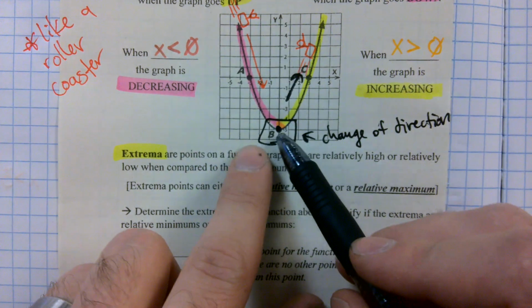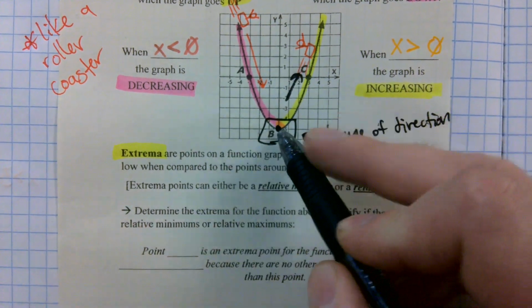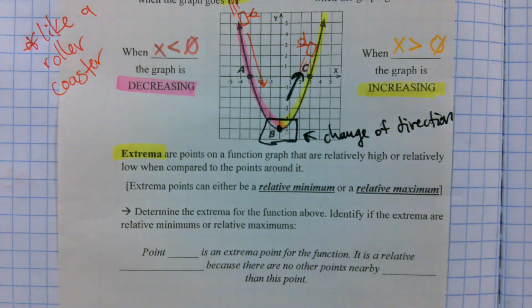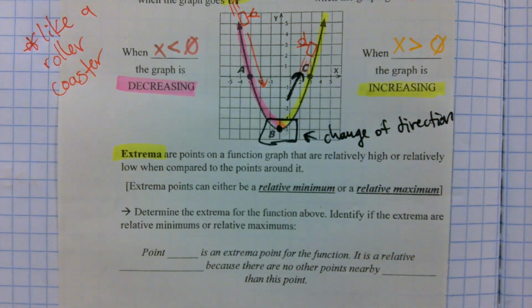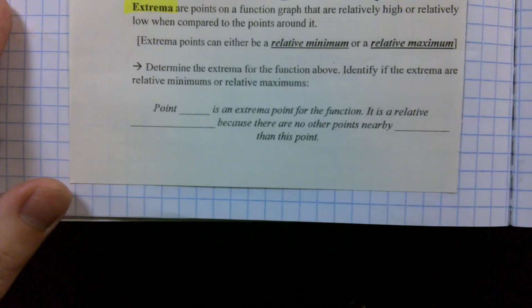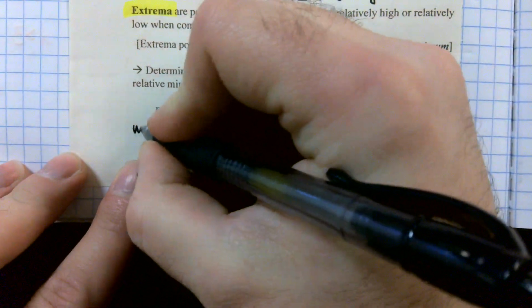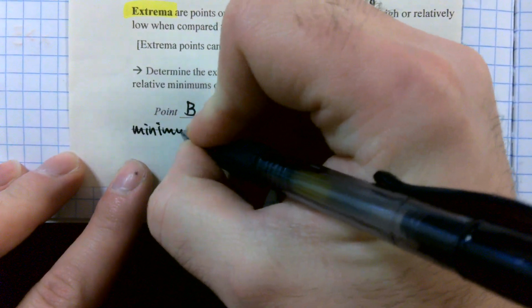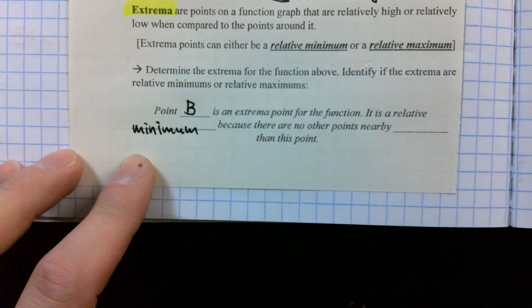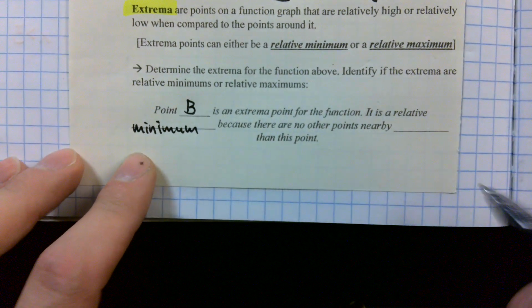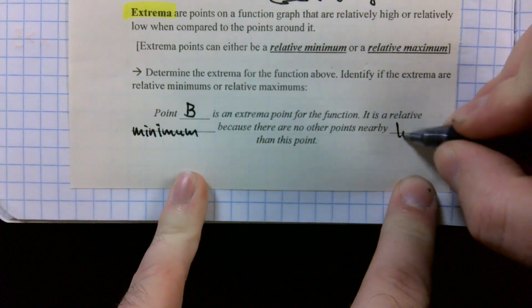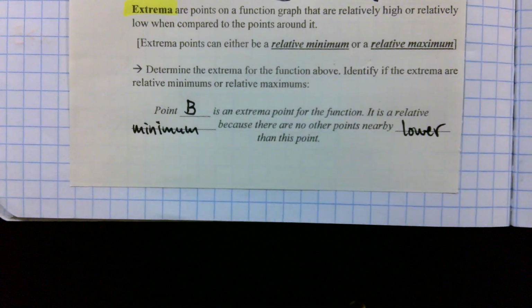B. Point B. So do you think that would be a relative minimum or a relative maximum? Minimum, because it's low down. Point B is an extrema point. It's a relative minimum because there are no other points on my function nearby that are lower than this point.